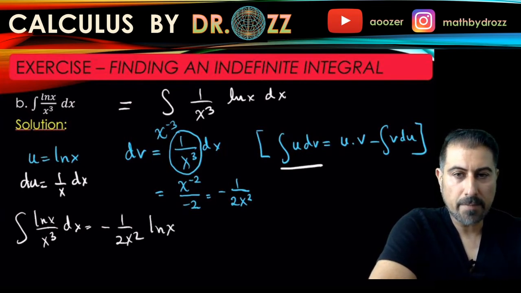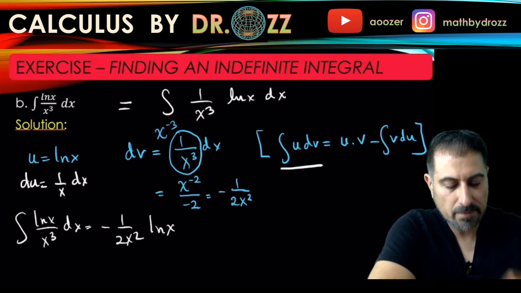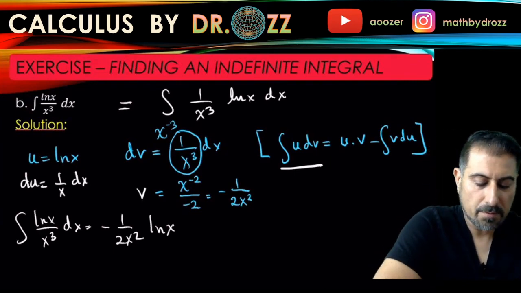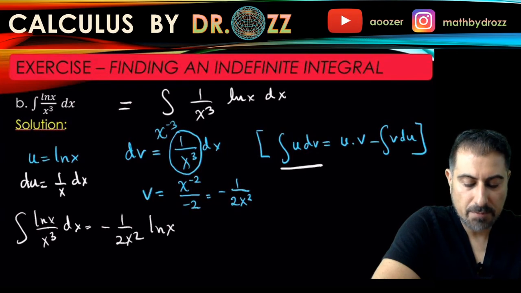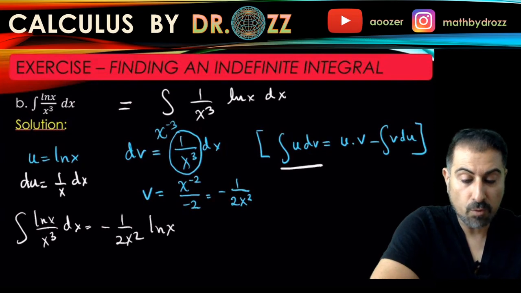And then now I'm going to write minus the integral of v du. So we use blue here because we integrated that. So u times v and v times du, so it's negative 1 over 2x squared times 1 over x dx.